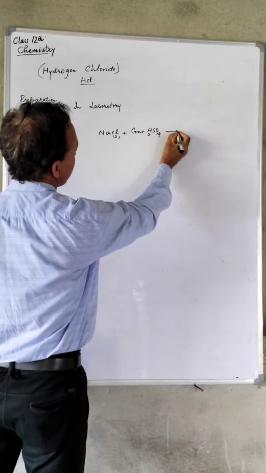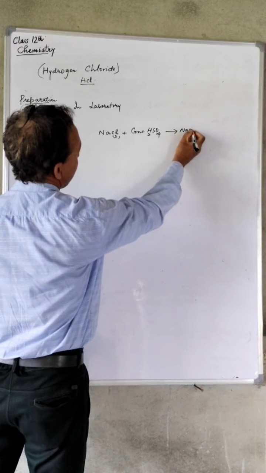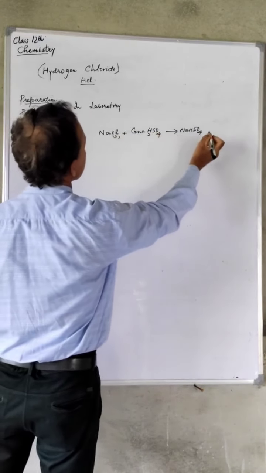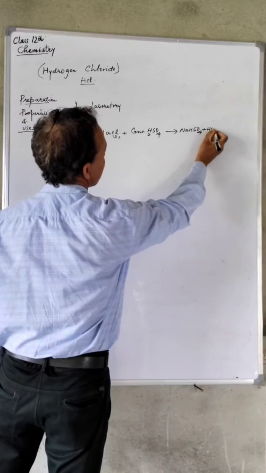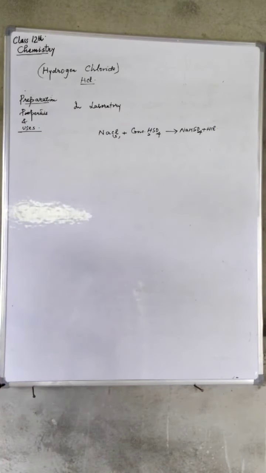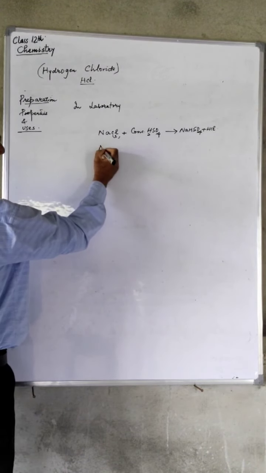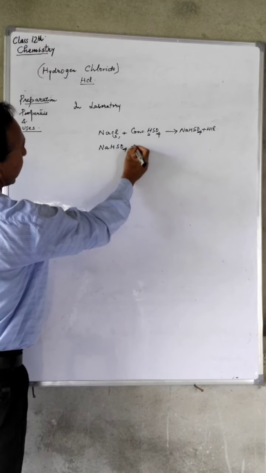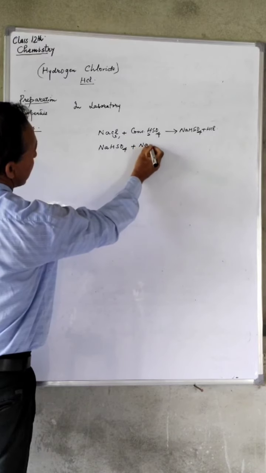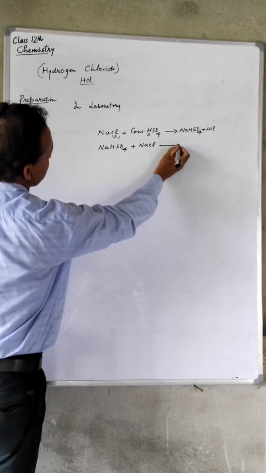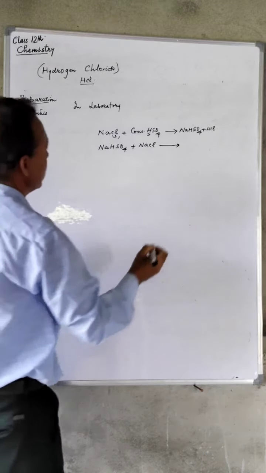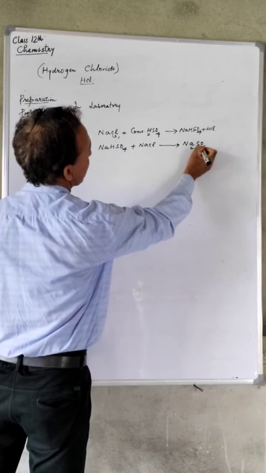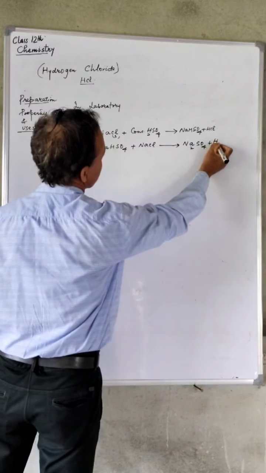This rapidly forms NaHSO4 plus HCl. This NaHSO4 again reacts with the sodium chloride which is present here. It forms Na2SO4 and HCl.